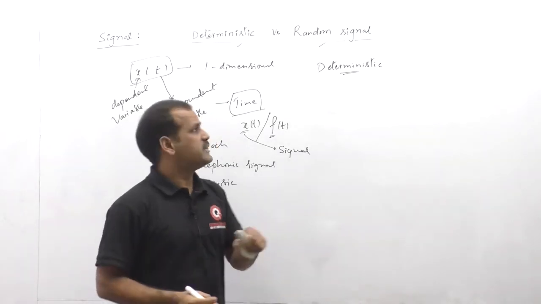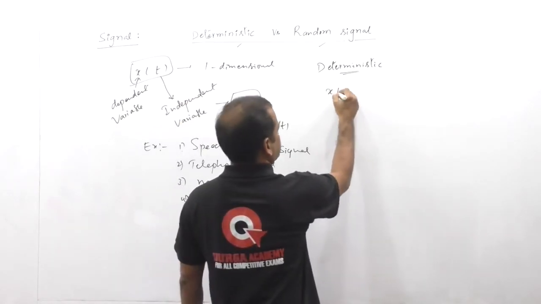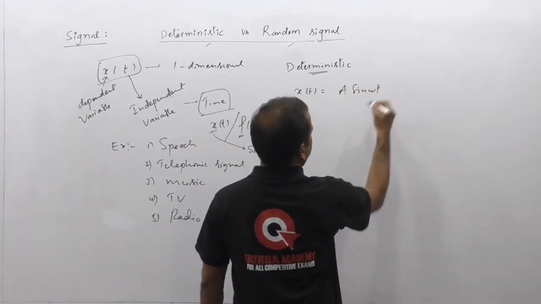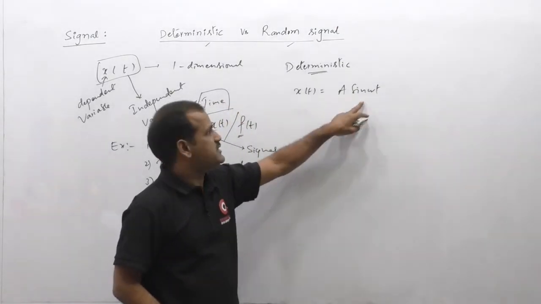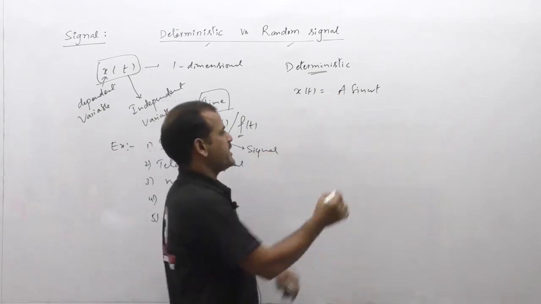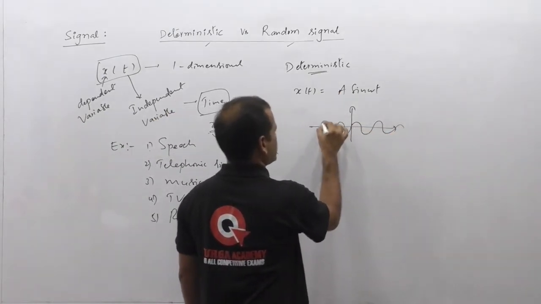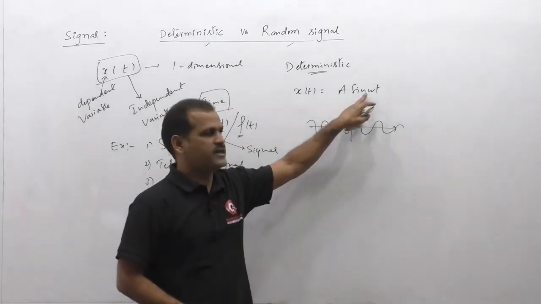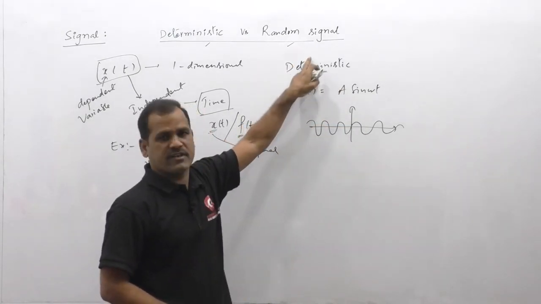A signal which can be taken as a mathematical equation like a sin omega t, if you consider, is a mathematical equation for this signal. This is deterministic in nature. It can be expressed in terms of the equation along with the associated graph like this. So mathematical representation along with graphical representation is possible for deterministic signals.